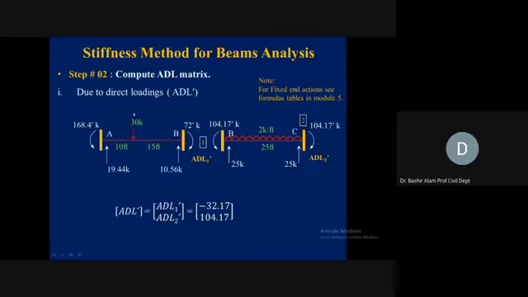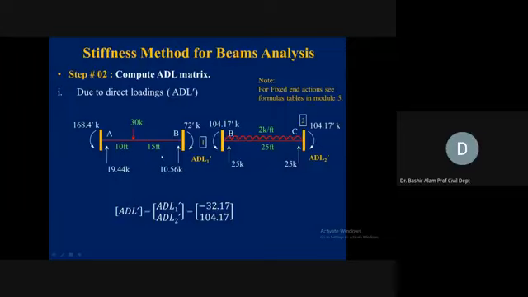So first you see this is the basic kinematic determinate structure. And you see the loads also, 30 kip and 2 kip per foot. The overhang portion we already included in the AD matrix, so don't worry about that anymore. Now let's verify this one. So P A B squared divided by L squared. This is off center, that is why A is 10 feet and B is 15 feet.